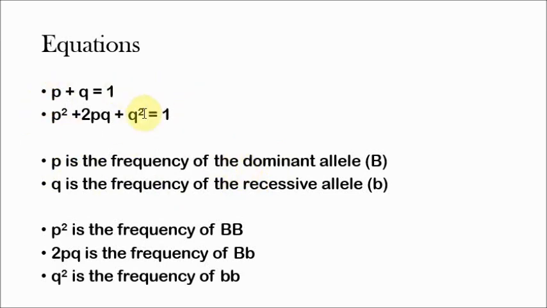Now this second equation is the one that's going to be more important for our purposes, and you get this equation by just squaring both sides of this equation. P plus Q times P plus Q is P squared plus 2PQ plus Q squared. And if you remember back from Punnett squares, there's a fancy Punnett square we can draw if you have it weighted for particular allele frequencies.